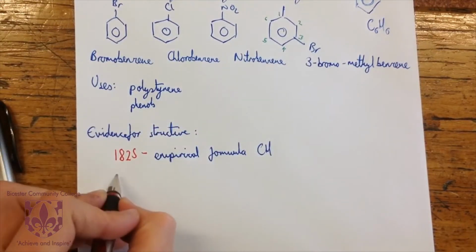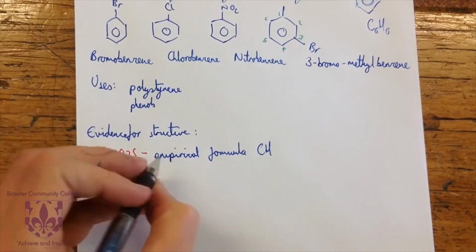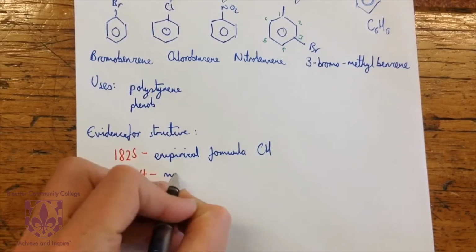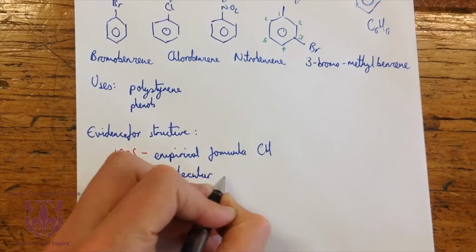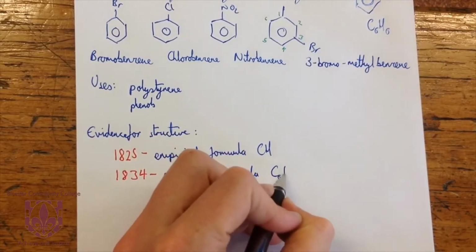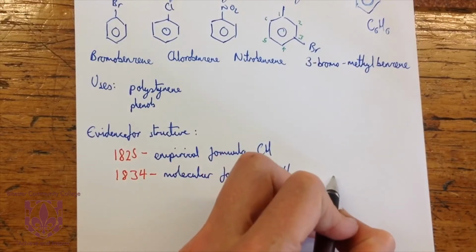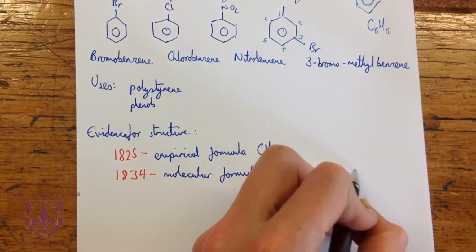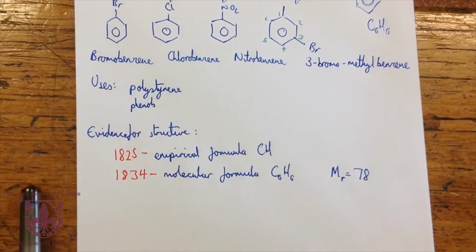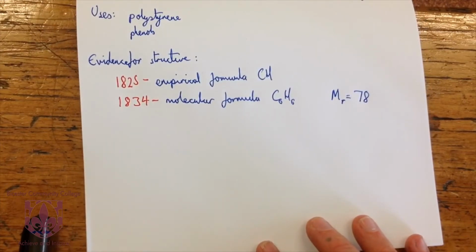Okay, CH. 1834, the molecular formula was worked out, and it was found to be C6H6. So it has a molar mass of 78, so Mr 78. So empirical formula CH, molecular formula C6H6.